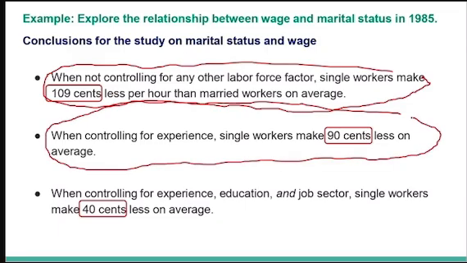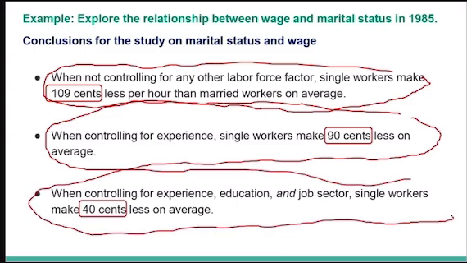I mean, what they are losing went down to 90 cents. When I incorporated the years of education and the sector a particular worker belongs to, that went to 40 cents. Take a look at that. That is going to tell you that when an important variable is missing in your model, you can't trust your regression coefficient.